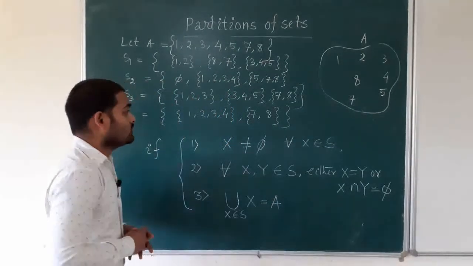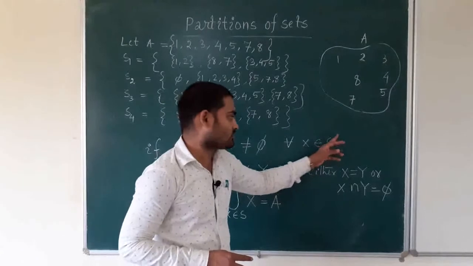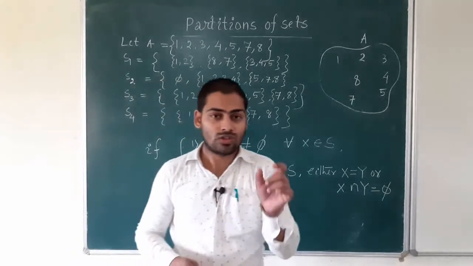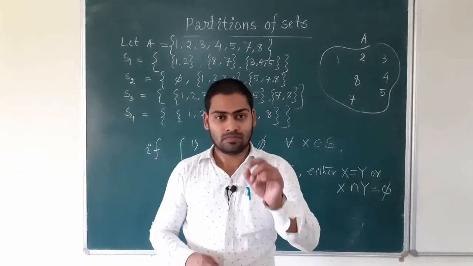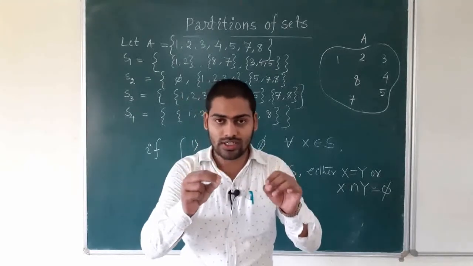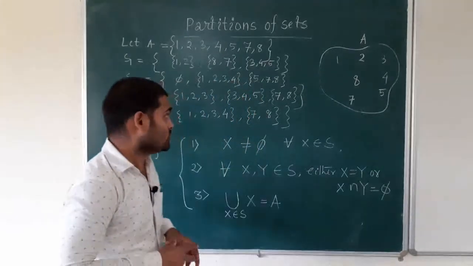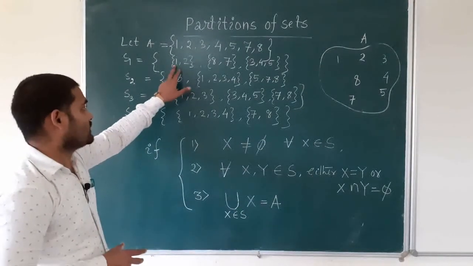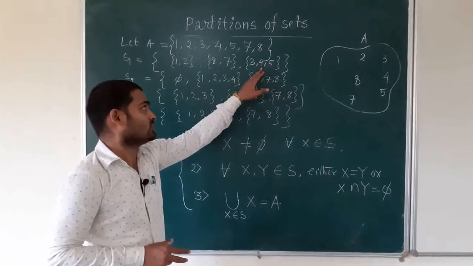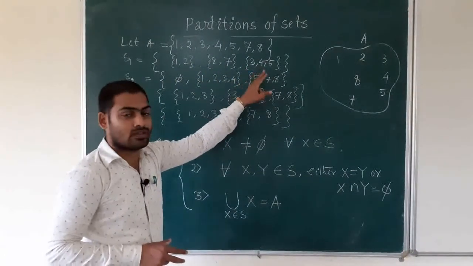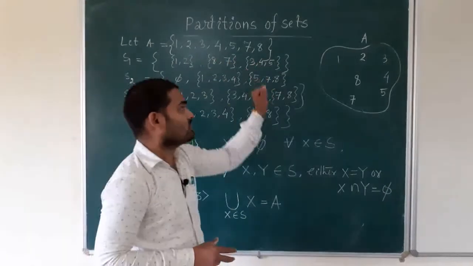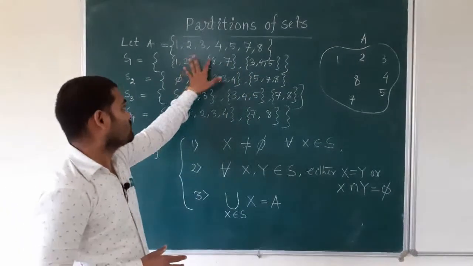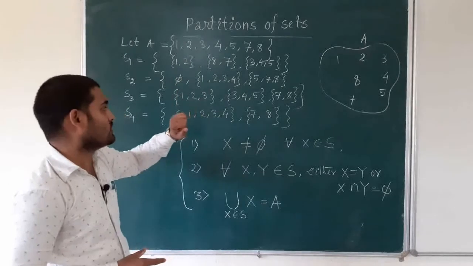You know that this collection S is a set of non-empty subsets of set A. Now you see here, all sets in S1 are non-empty sets.